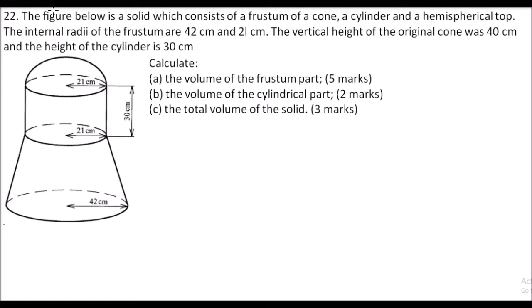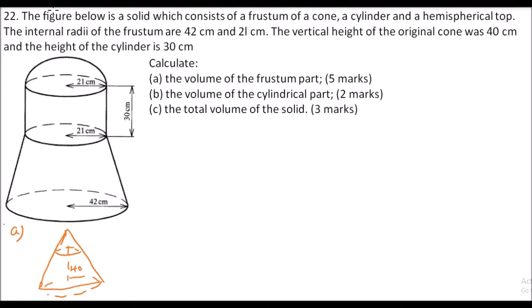So we start with A, and in A we will say, assuming that this was a full cone which was cut so that we end up with a frustum, so that is the cone. So part of it was cut off, and we have been given the height here is 40, so we can get the height of the small cone by using similarity.